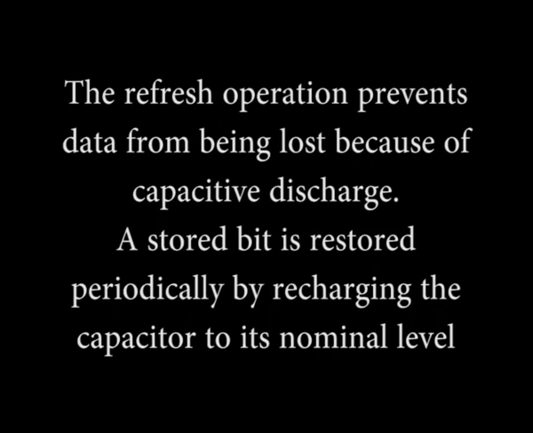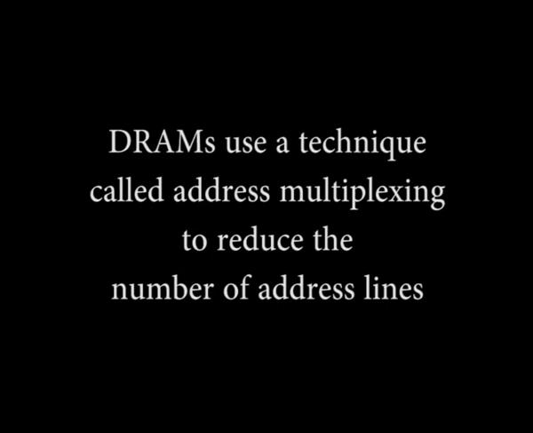The refresh operation prevents data from being lost because of capacitive discharge. A stored bit is restored periodically by recharging the capacitor to its nominal level. And finally, we learnt that DRAMs use a technique called address multiplexing to reduce the number of address lines.